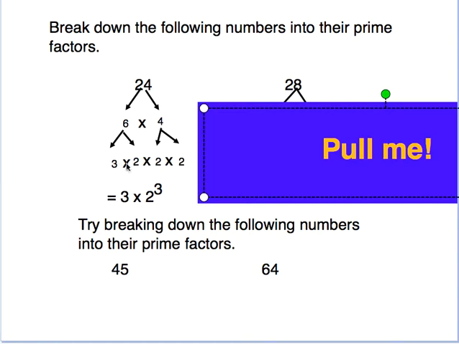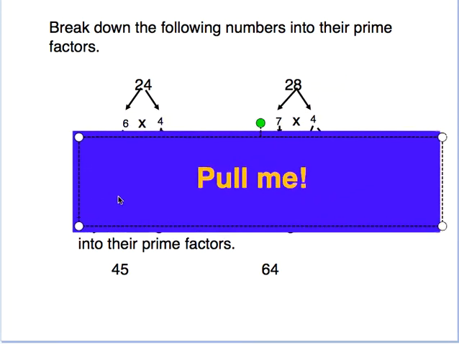That gives us 24. When we're breaking it down into its prime factors in the exponential form, we're going to have 3 times 2 to the power of 3, because there are 3 2's and there is 1 3.